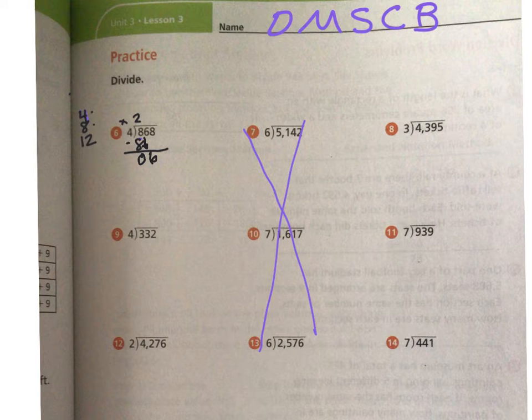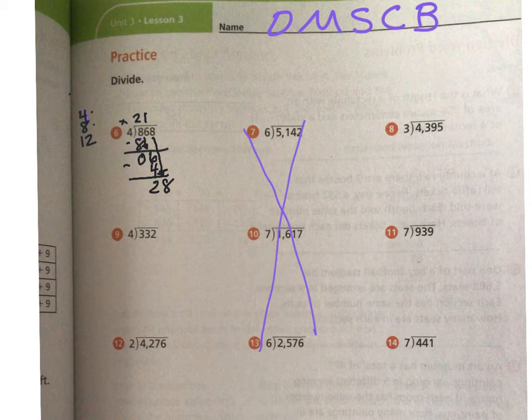Well, it only can fit in there once, correct? 1, 4. 1 times 4 is 4. Subtract. 6 take away 4 is 2. I look up. I still have a number to bring down, so my arrow goes all the way down. I bring my 8 down, and I have 28.